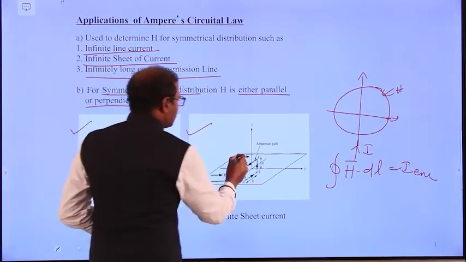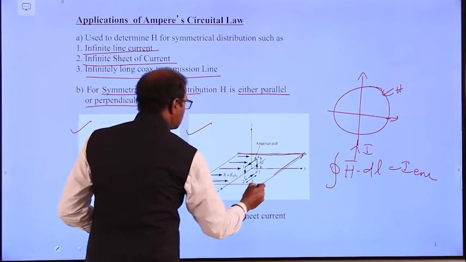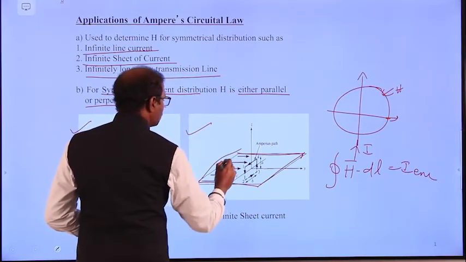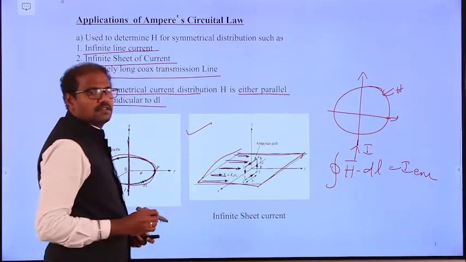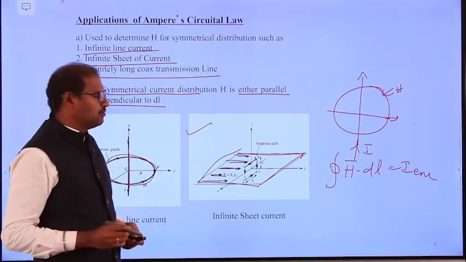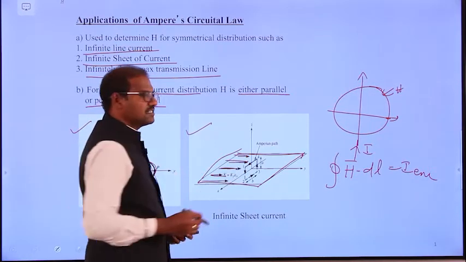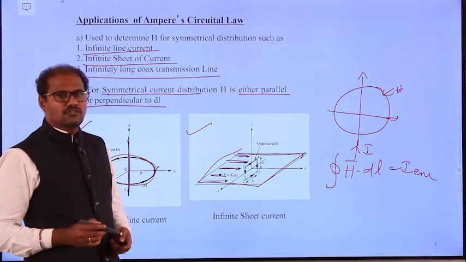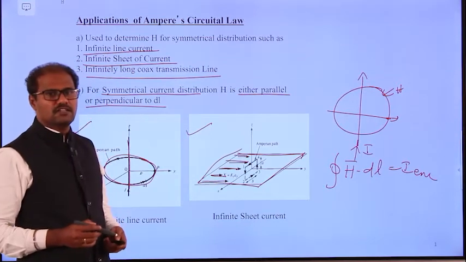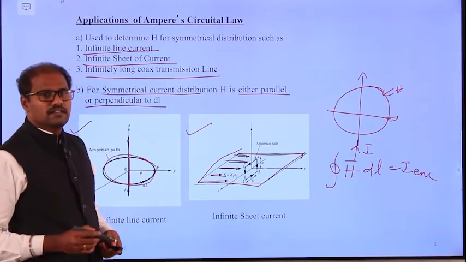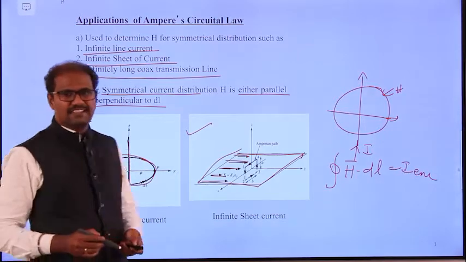Here I am going to take an infinite sheet, where current is moving. We have to find the magnetic field intensity H. Now we'll go to the infinite line current.